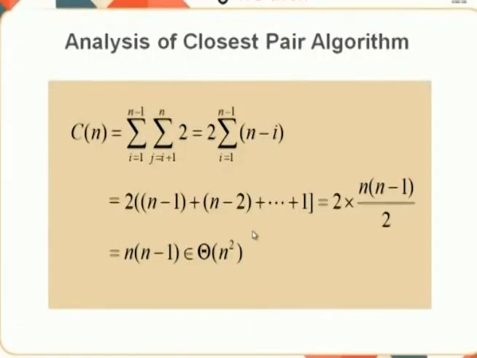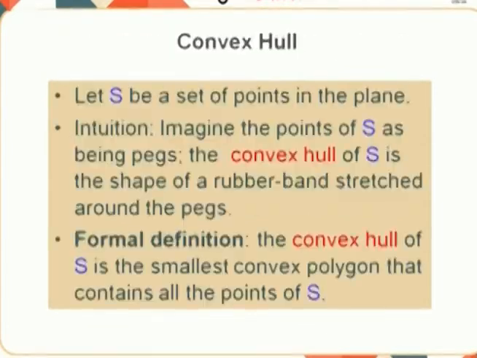Later on we are going to discuss that using a better design technique like divide and conquer, we are going to solve this in theta of n log n time, but nevertheless this is what the brute force algorithm for solving this problem is all about. The next interesting computational geometry problem that we are going to consider is called the convex hull.